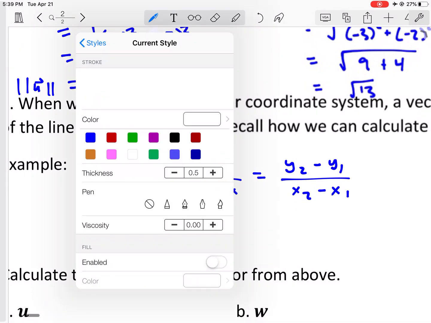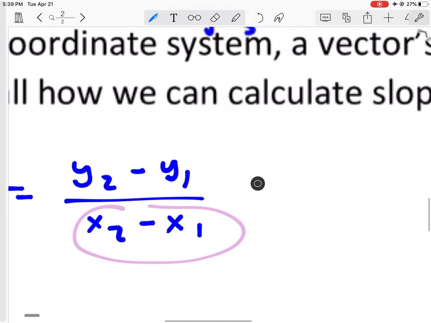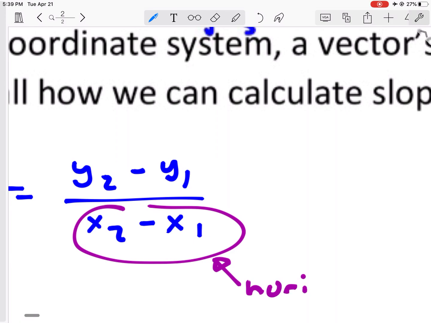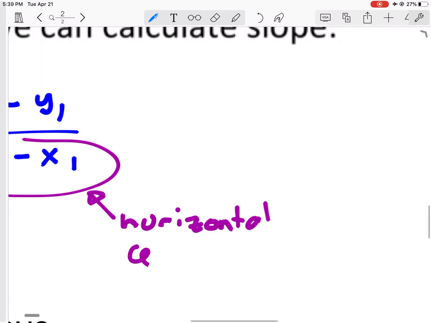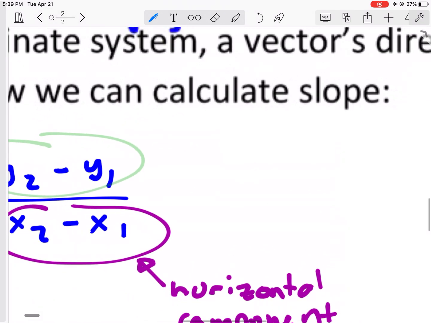But what's really cool is we just discovered that this just gives us the horizontal component of a vector, whereas this is just giving us the vertical component.